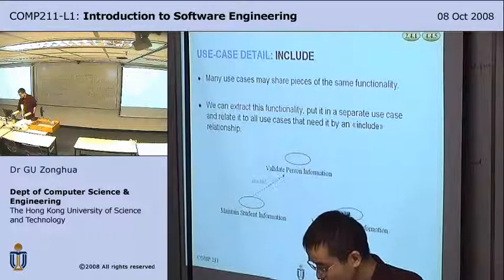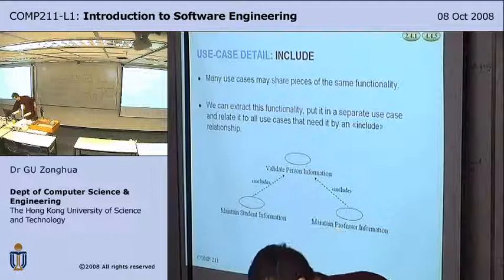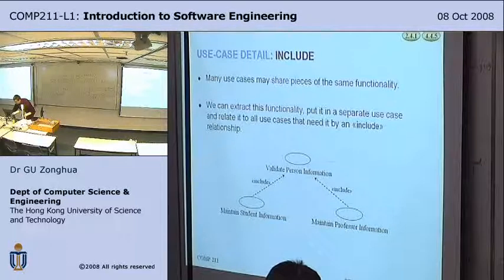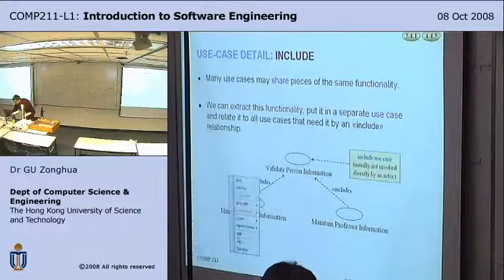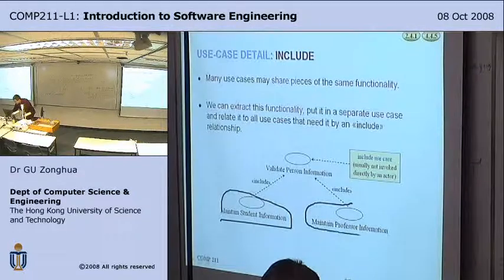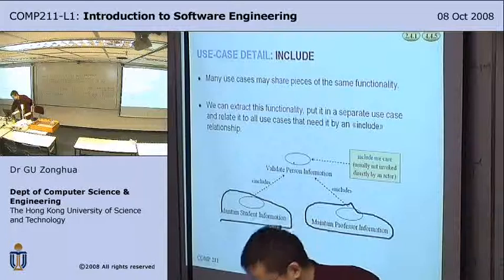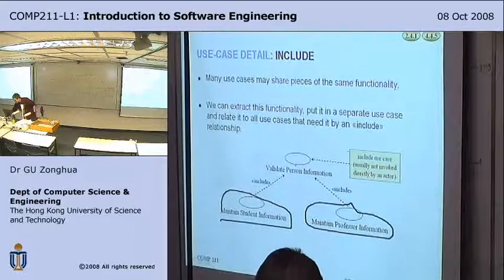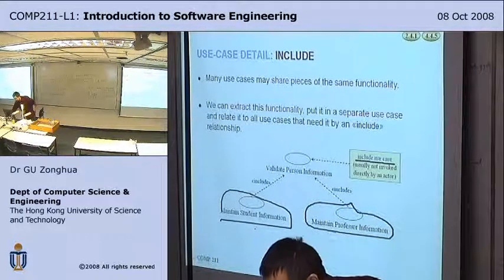So, for example, maintain student information is a use case. Maintain professor information is another use case. They may both need to perform the validate person information as part of their flow of events. So you may pull it out into a separate so-called include use case, which is included by the two main use cases.